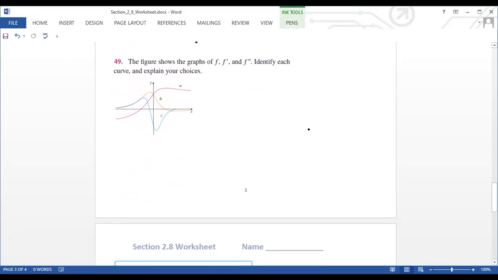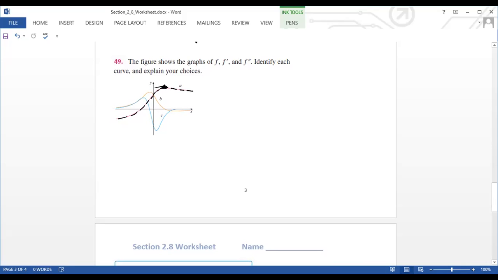I have A, B, C also. Identify which one is which here. Let's take a look at these curves. Starting with A, it is going up, up, up, then kind of flattening right in here, then the slope goes negative.